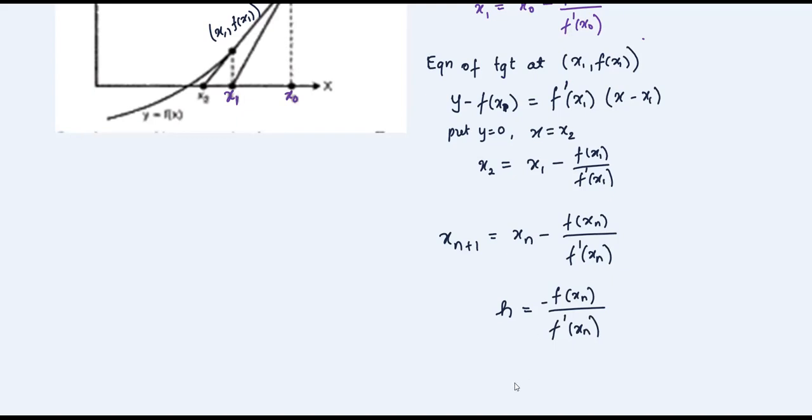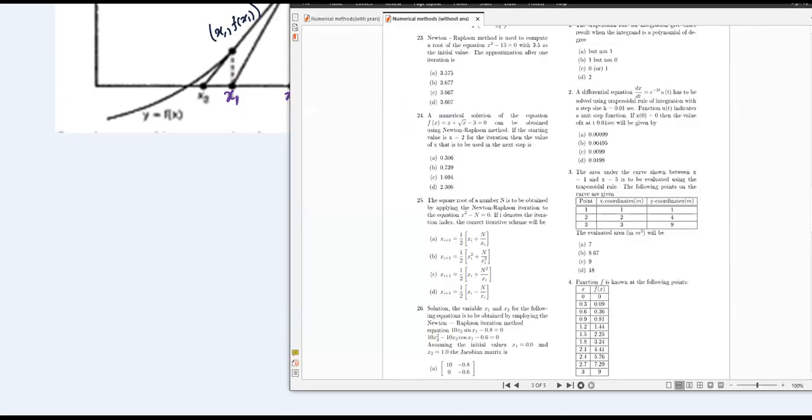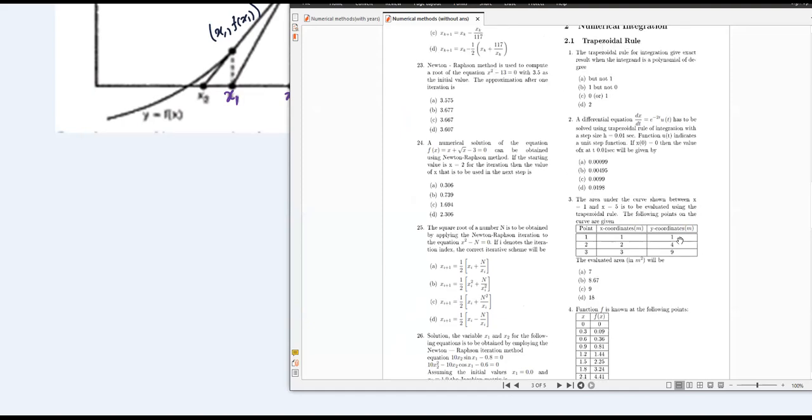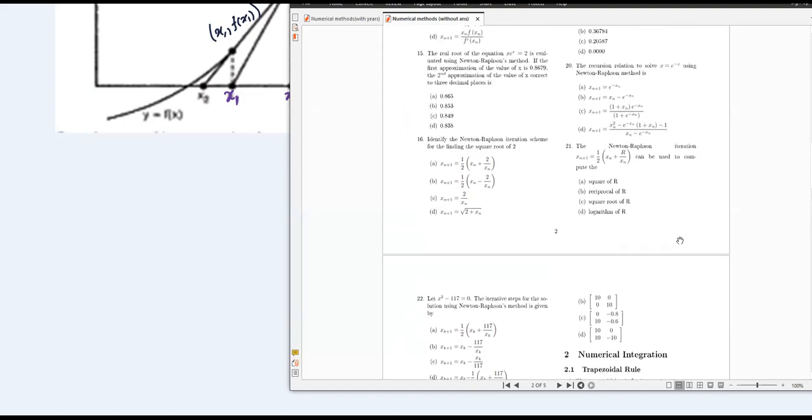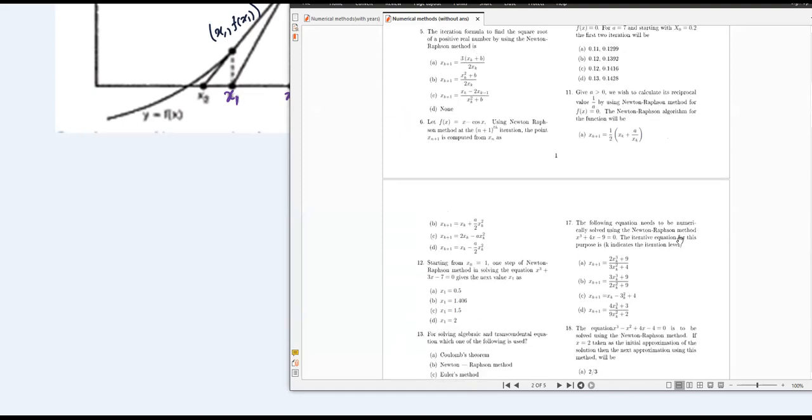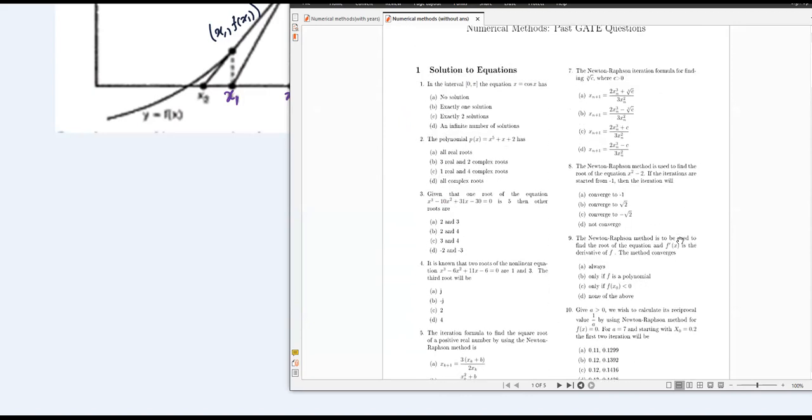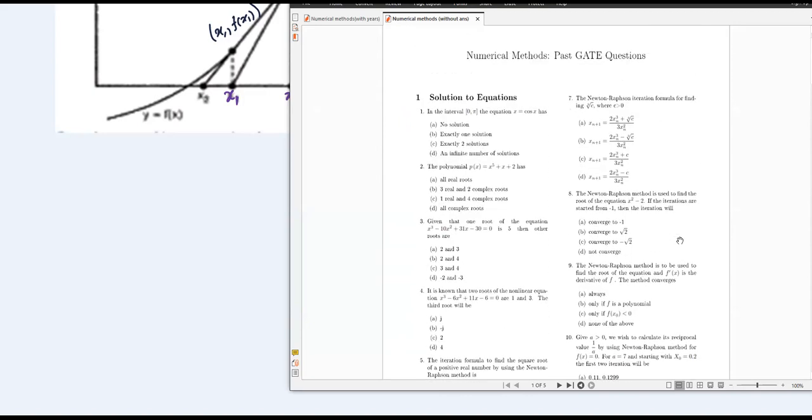Okay, let us try to do some previous year's question papers, questions on this, and see the solutions. So solution to equations, these are questions from previous GATE.